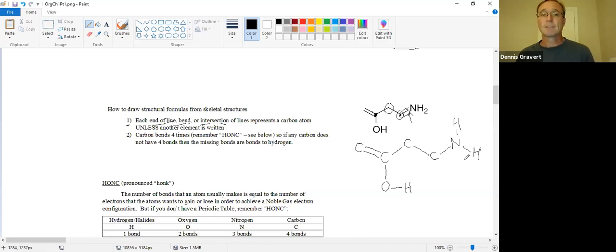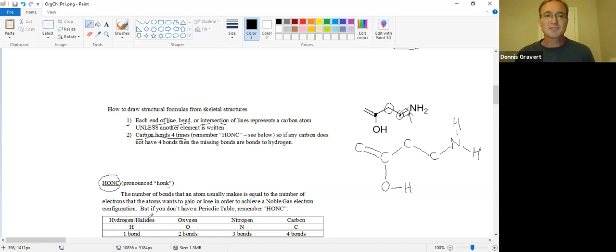There we go. That was step one. Step two, you got to remember that carbon bonds 4 times. And I had some students tell me a quick little memory aid that helps us all remember how many bonds the most common elements form. Remember HONC, a little acronym, H-O-N-C.